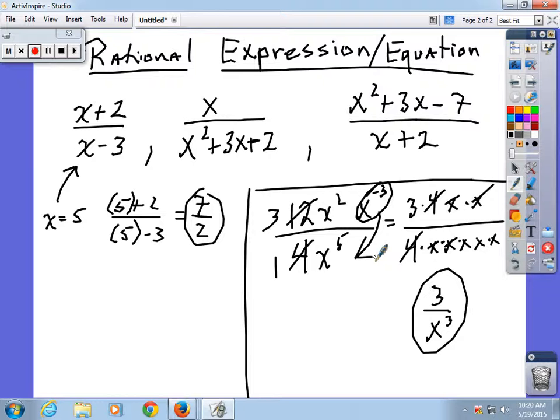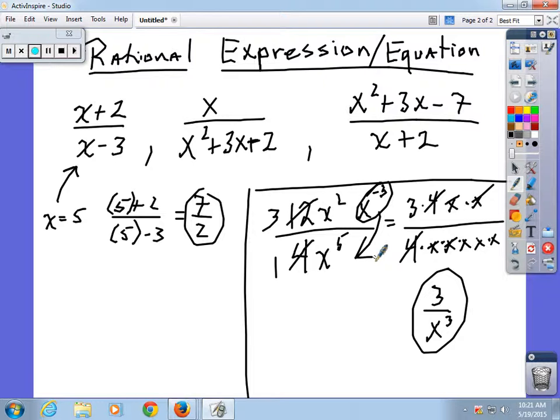All right. So, the definition basically is a fraction. What can you do with a rational expression? Well, the most basic things you can do is you can evaluate if they give you an x or a y or whatever, and then cancel. You can simplify it if reducible.